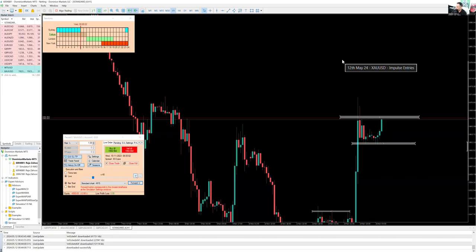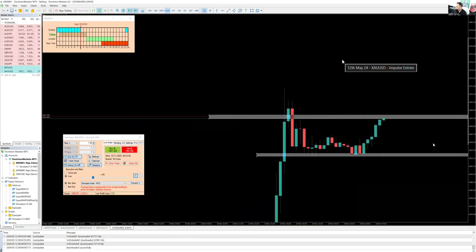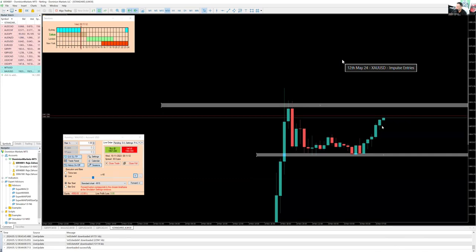So I think we'll have to wait for some sort of a retracement and then look for some sort of an entry at that point. We'll have to wait for price to retrace, create some sort of a zone or a consolidation for it to continue to push up again. But yeah, let's wait over here.